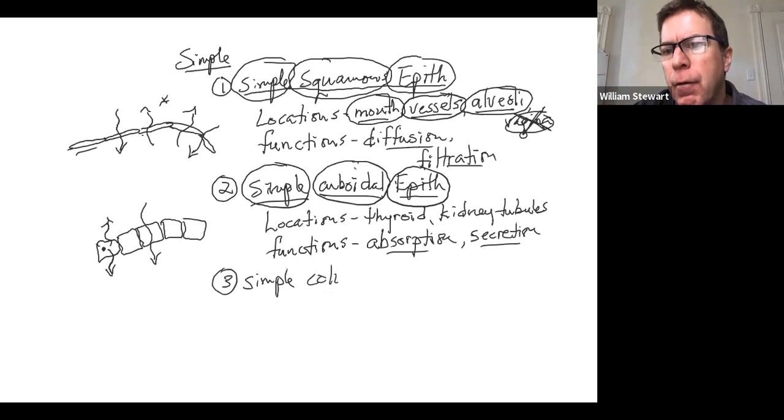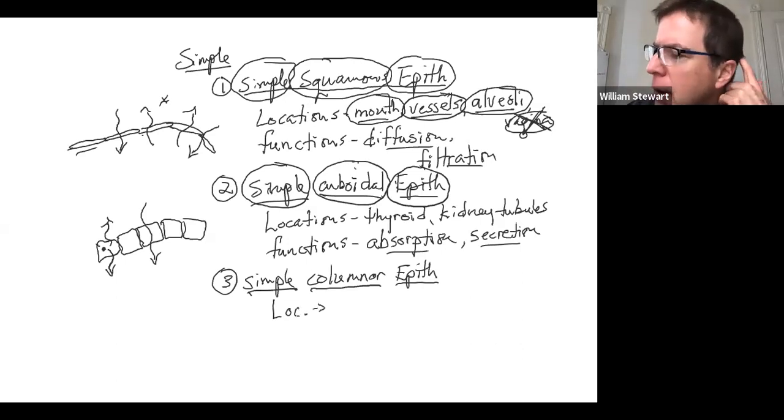That's what secretion means. And third on our simple list are simple columnar epithelial tissues. That means a single layer of tall column-shaped cells that also line or cover a surface. For locations, we find this typically lining the digestive system. So all the way, I'm just going to list some organs.